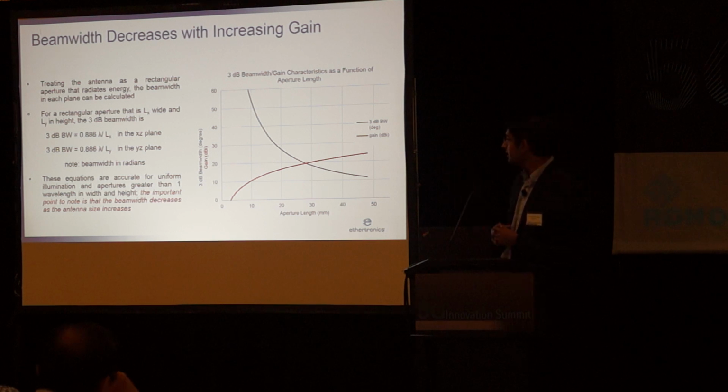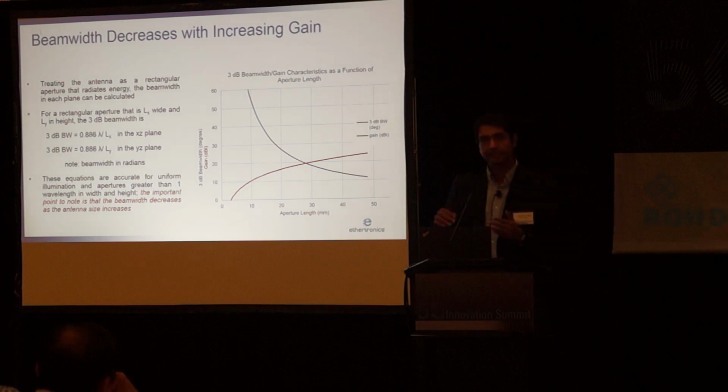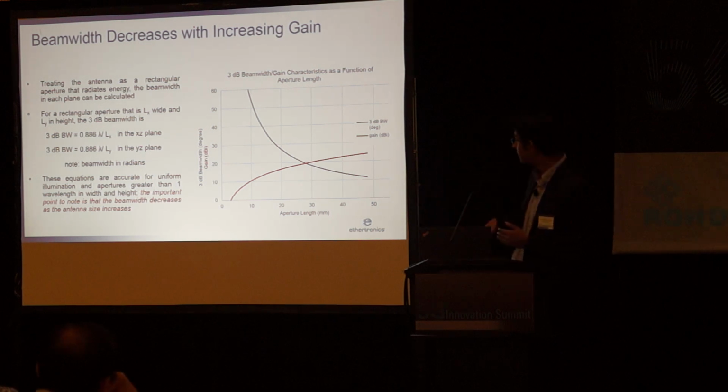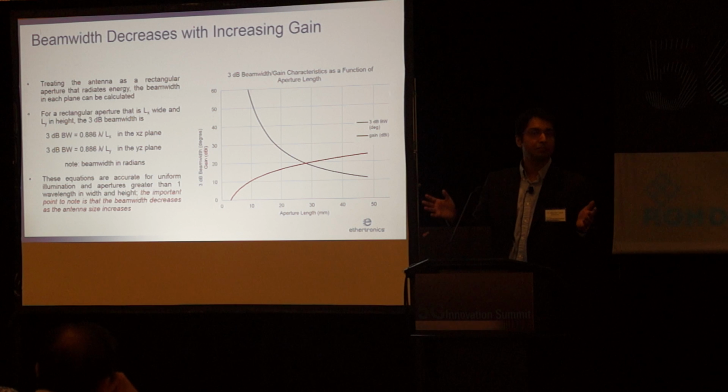What happens here is as the gain of the antenna increases, your beamwidth starts to narrow. When we start with a very small antenna, the pattern tends to be more omnidirectional, you have a lot of beamwidth.